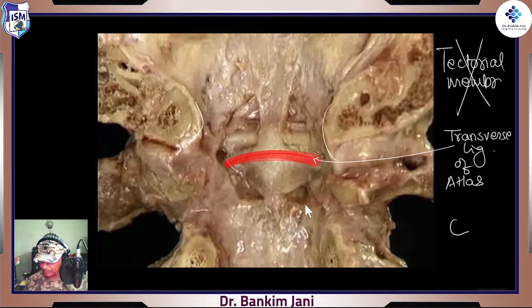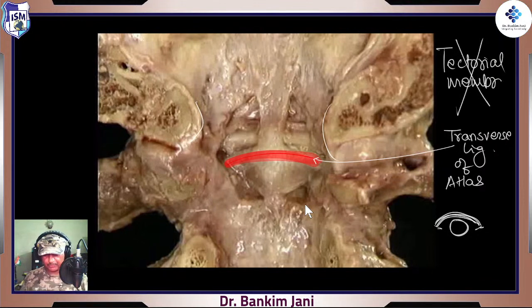So there was the dens, and then this was C1, and that ligament which was going like this was preventing the backward tilt of the dens. Otherwise, the dens could tilt backwards. So this is that. Hope now it is clear, right?